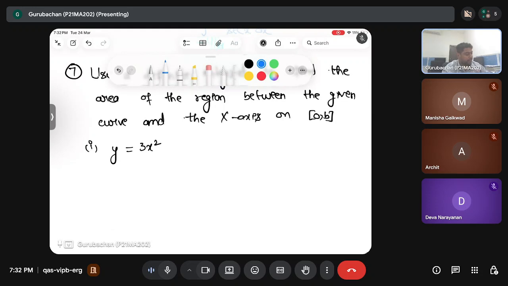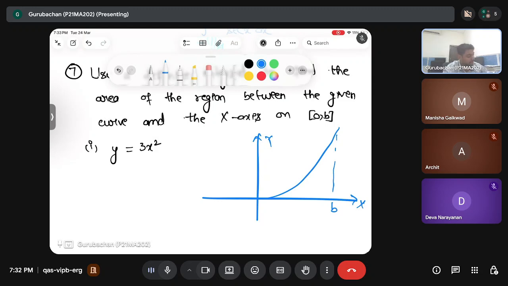So we need to calculate its area. Obviously y equal to 3x square is like this, and this is some point B. You need to calculate the area between the curve, the x-axis and 0 to B. That will be this area.